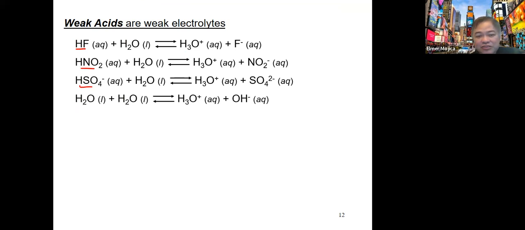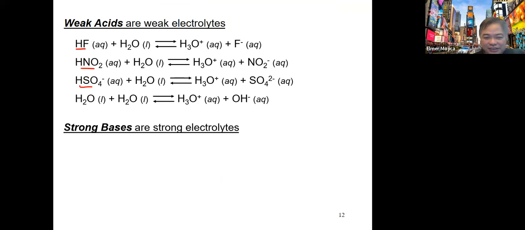Now, ano naman yung tinatawag nating strong bases? So the strong bases are the soluble group 1A and 2A hydroxides. So all you need to do is what? You have a periodic table, and anything that is group 1A or group 2A and has hydroxide, that is a strong base.